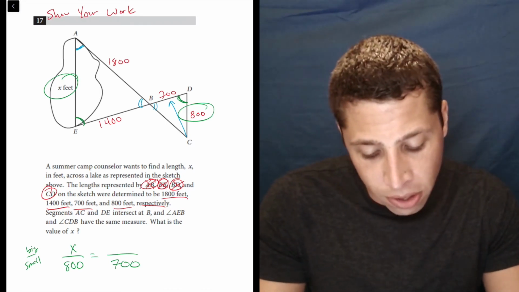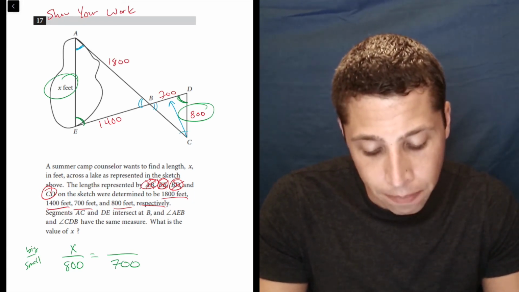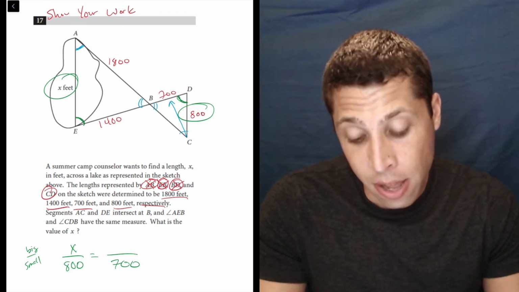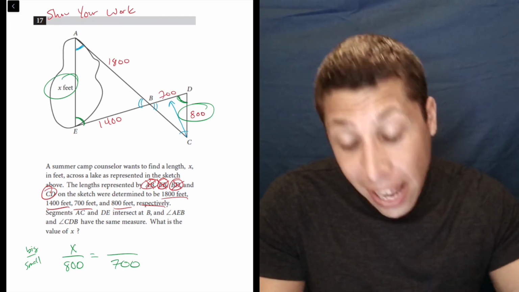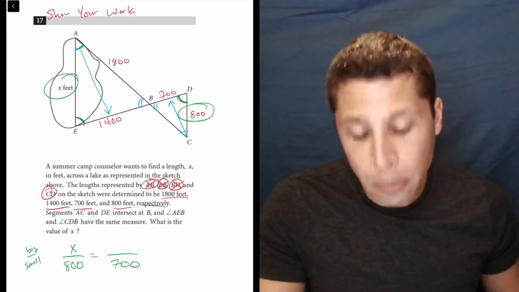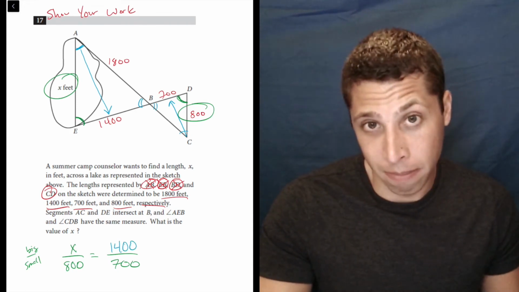So I'm noticing that 700 is opposite angle C. So I want in the other triangle the side that's opposite that same angle. So angle A, which is equivalent to C, is opposite from the 1400. So that's the one that matters to me.